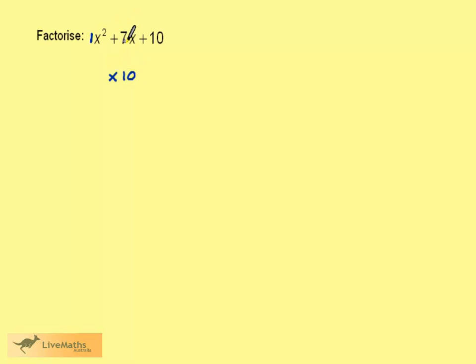The two numbers also need to add to give 7, which is the number in front of the x. So we need two numbers which multiply to give 10 and add to give 7. 2 and 5 would do this. 2 times 5 is 10, and 2 plus 5 is 7.